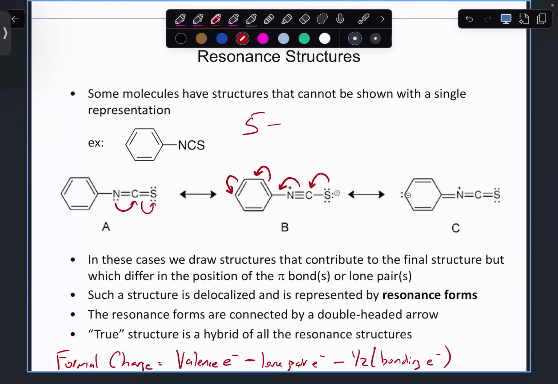Well, it doesn't have any lone pair electrons, so that's a 0. Minus 1/2 of the bonding electrons. So that nitrogen has, in terms of the bonding electrons, 2, 4, 6, 8. That nitrogen has 8 electrons in bonds. So 5 minus 1/2 of 8, that is +1.